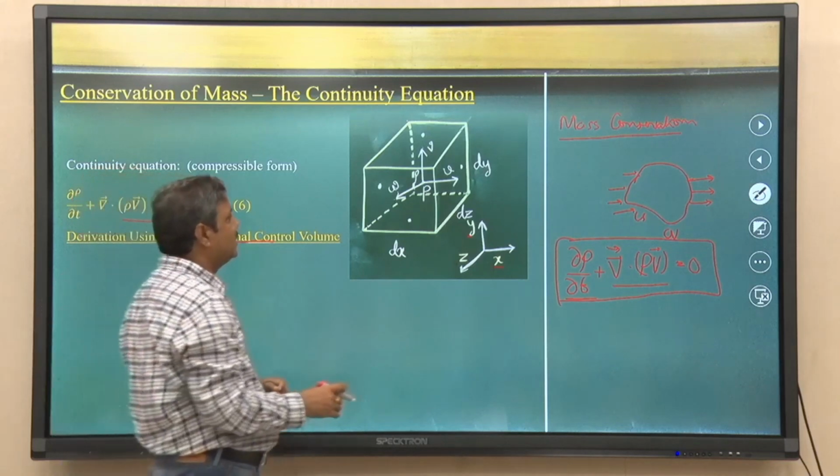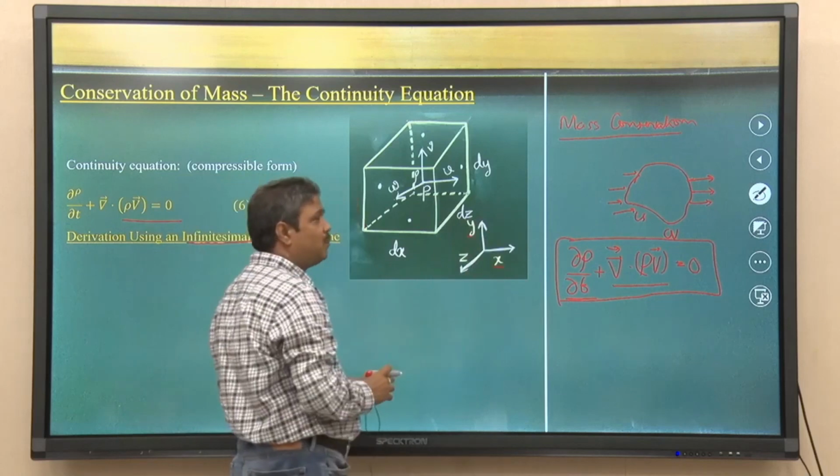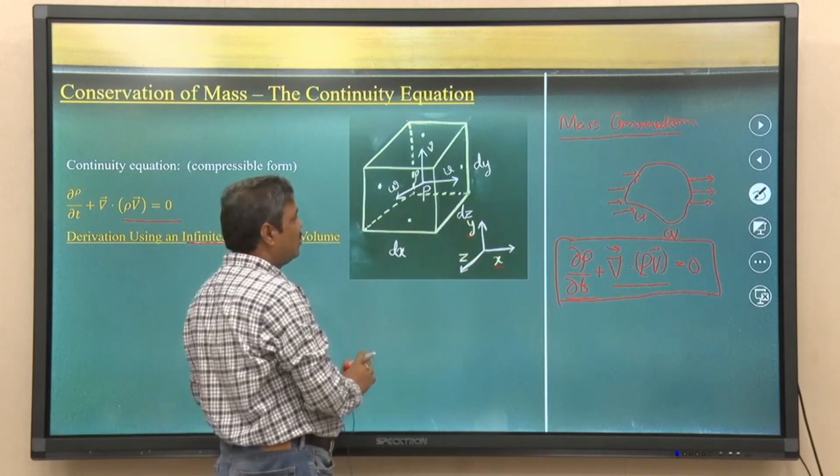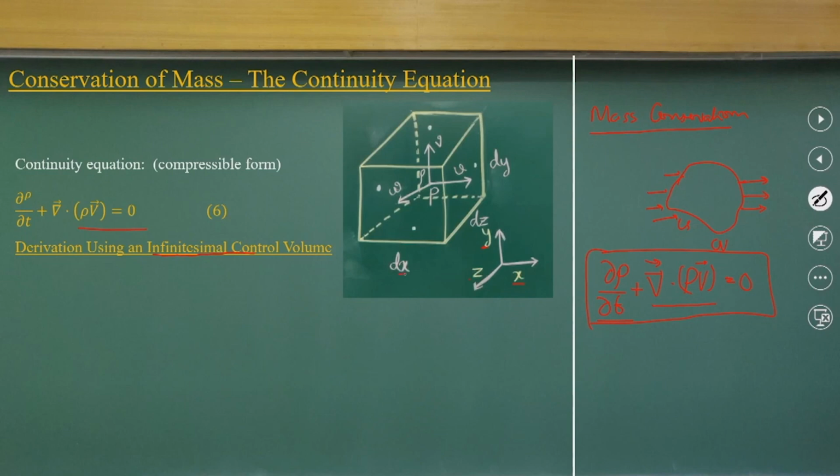We are considering a simplified parallelepiped control volume which has dimensions of dx, dy and dz. The velocity field is u, v, w.